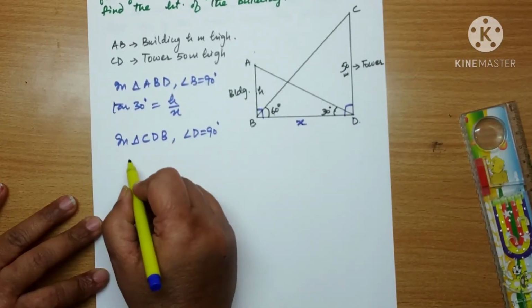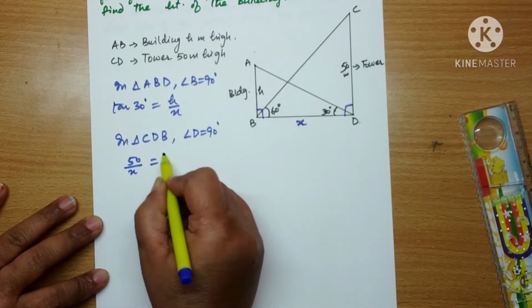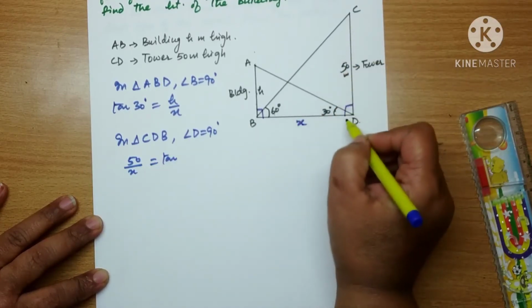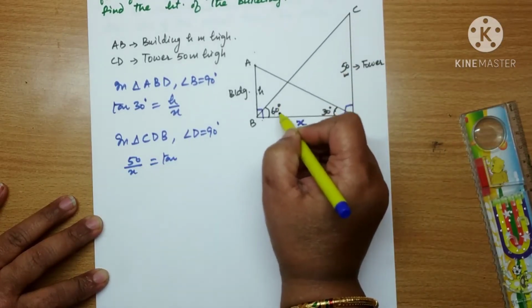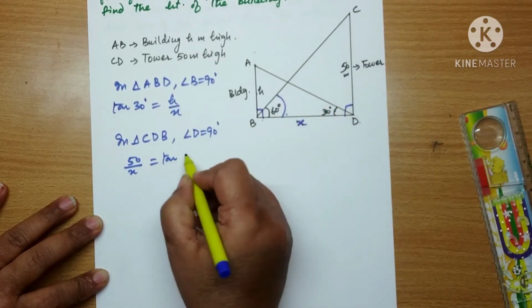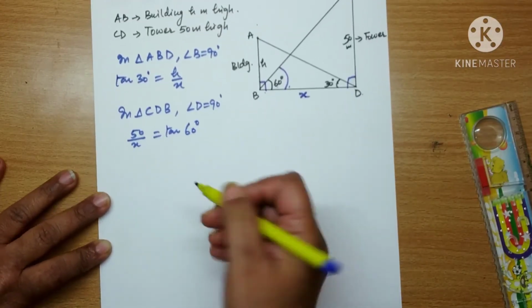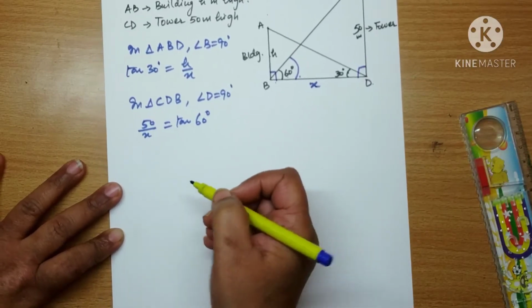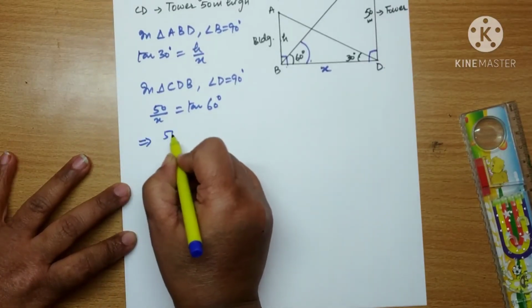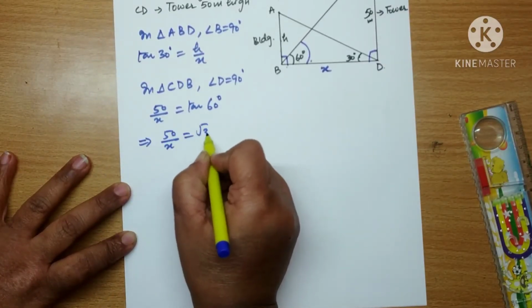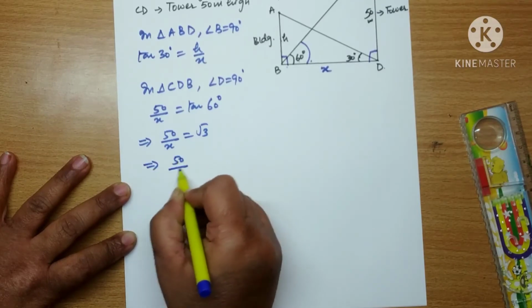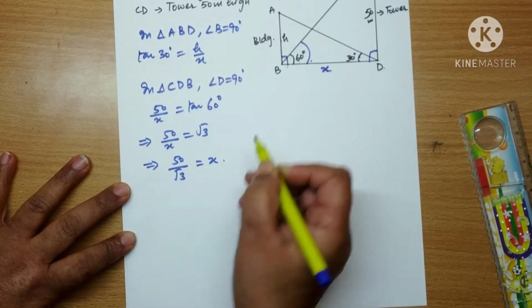I have 50 upon x, 50 perpendicular, x is base, is my tangent 60, right? Tangent 60, we know the value is root 3. So we have 50 upon x is root 3. So we get 50 upon root 3 is x.